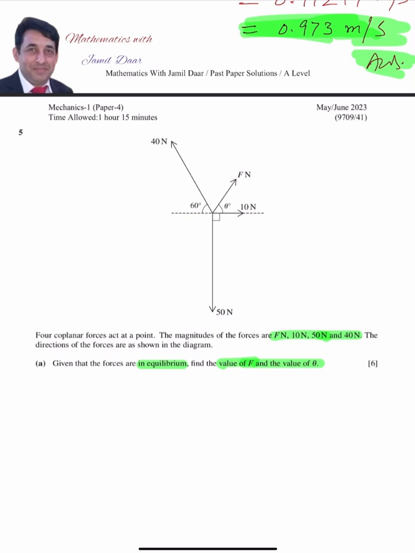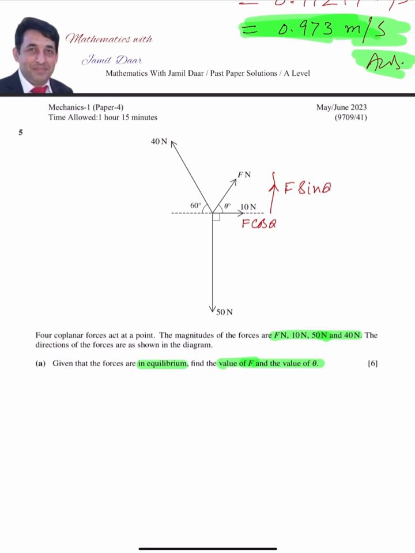First of all, we'll resolve all these forces. So this force first, its direction is this one, and its horizontal and vertical components would be this. So its horizontal component would be F cos theta, and vertical component F sin theta.